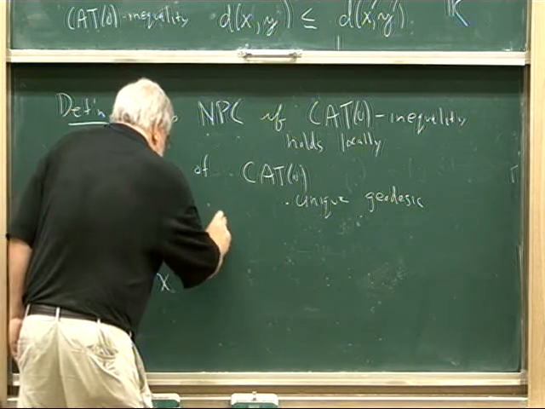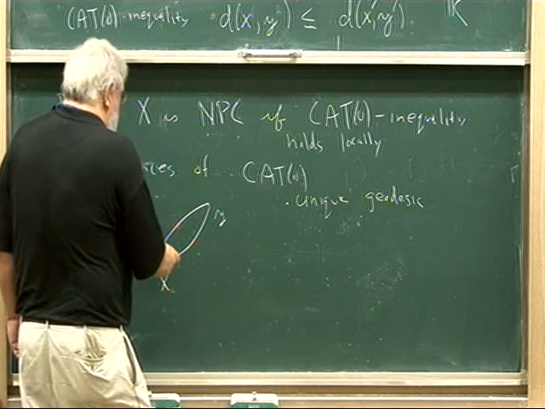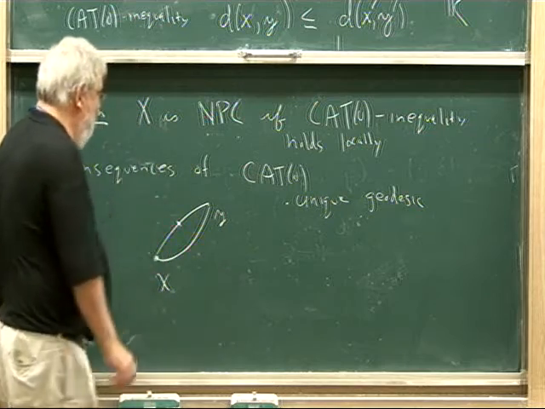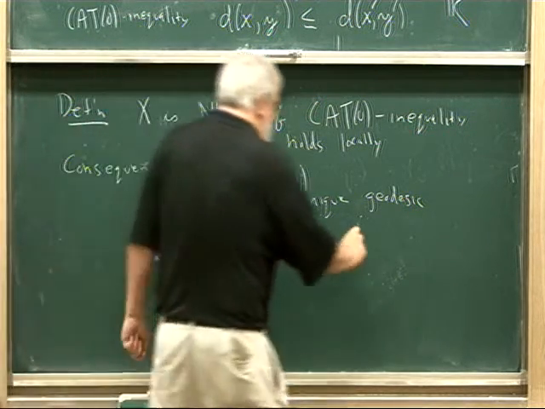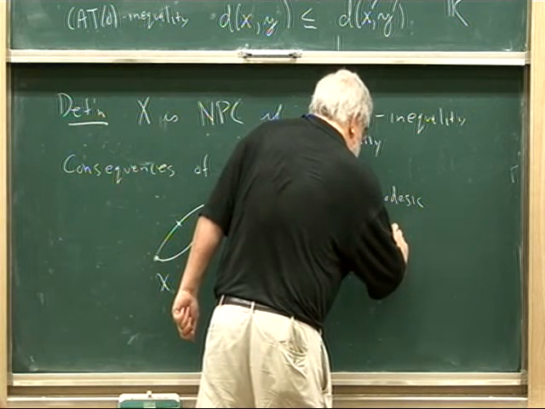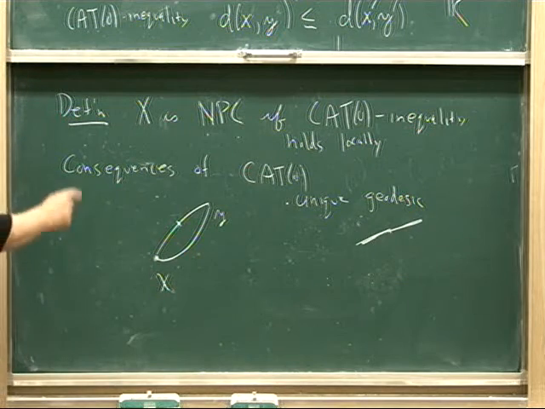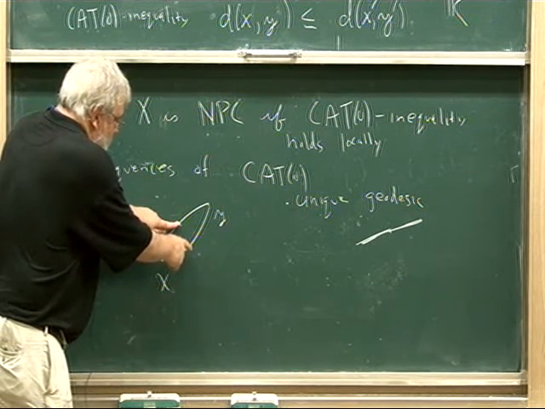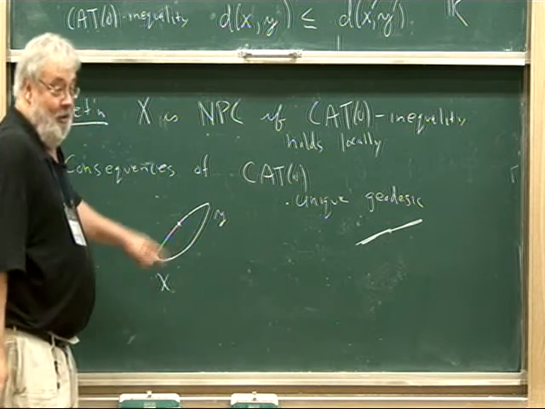So in fact, if you had 2 points and you had 2 geodesics like this, then you could subdivide one of those geodesics and get a triangle, and then the comparison triangle for this would just be a degenerate Euclidean triangle. It just looks like the line repeated twice. So in fact, CAT(0) says the distance from any point here to the corresponding point over there has to be 0.